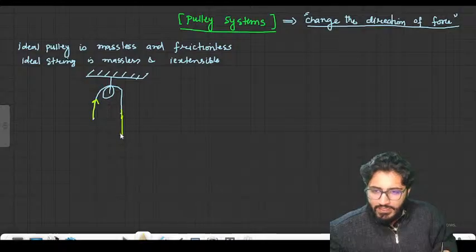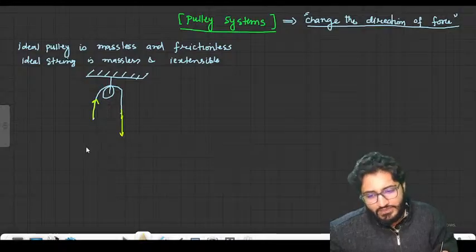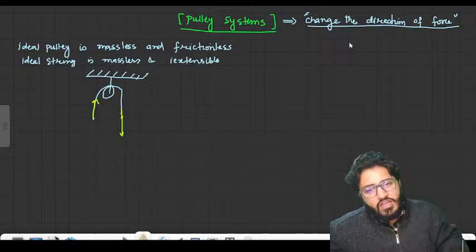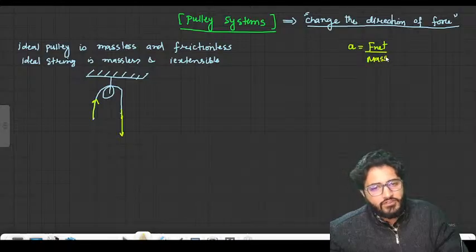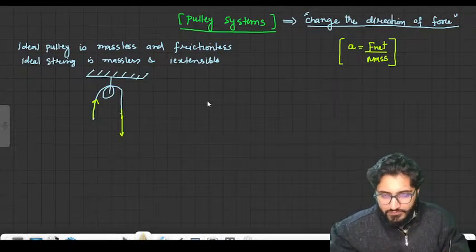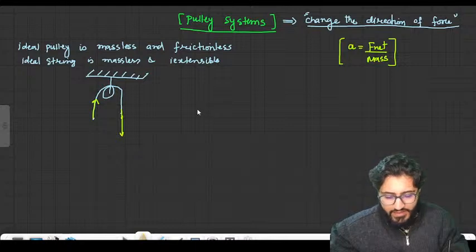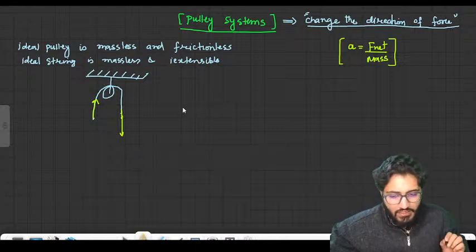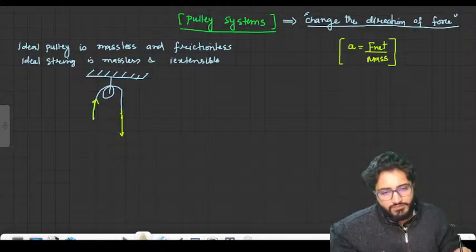So it is reversing the direction. And a short trick is also present: acceleration is net force divided by mass. This one is already present, and you know it very well. Everything is great, everything done.